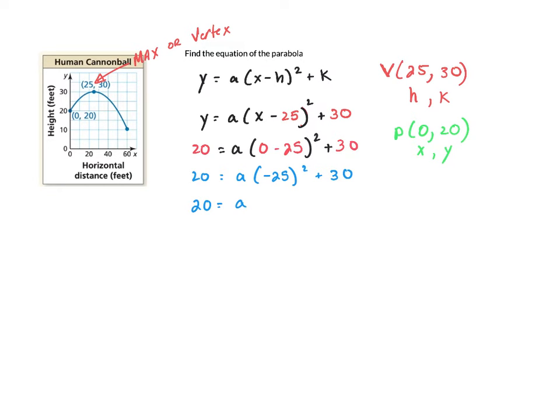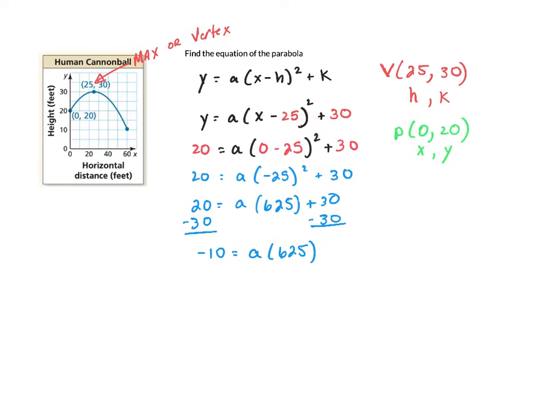So 25 squared is 625, I think. Oops, I've squared it. I'm going to subtract this 30 now, undo my addition. I've gone into solving mode now. It's negative 10 equals a times 625.